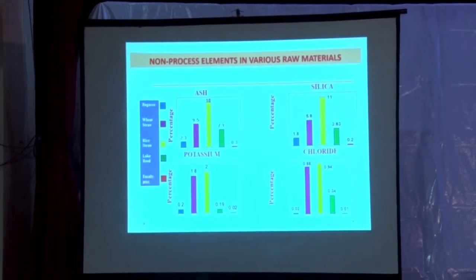Next comes wheat straw. Wheat straw contains the second highest ash, silica 4 to 5%, potassium very close to rice straw, and chloride. The same is the case with bagasse, which comes third.